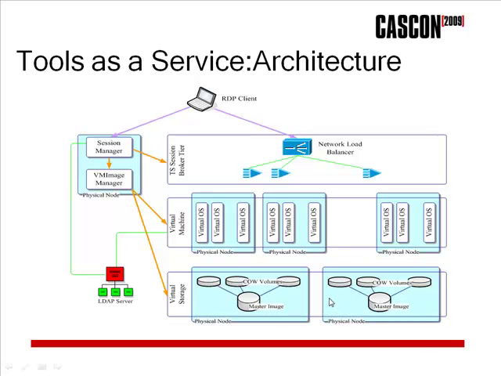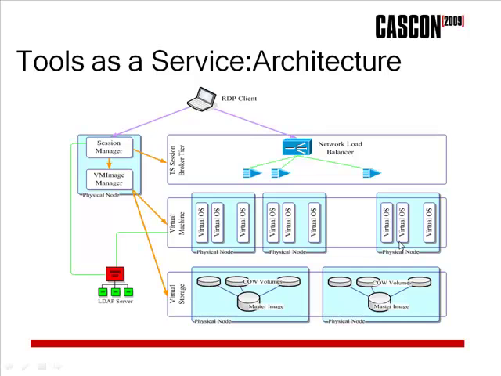The solution we came up with is a private cloud that offers the tools as a service over the internet. The cloud has the following architecture. At the very bottom, we have a storage layer where we store the user data and the binary of the tool. The binary of the tool is also called a virtual image.